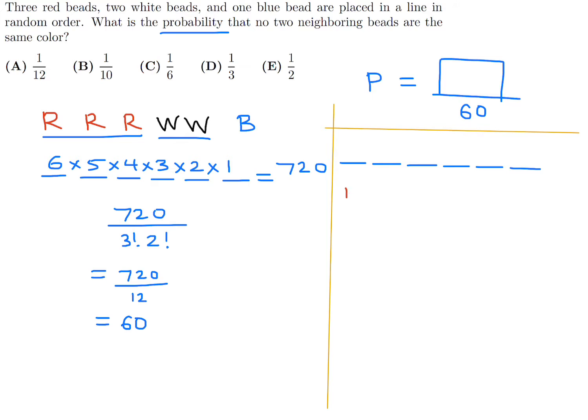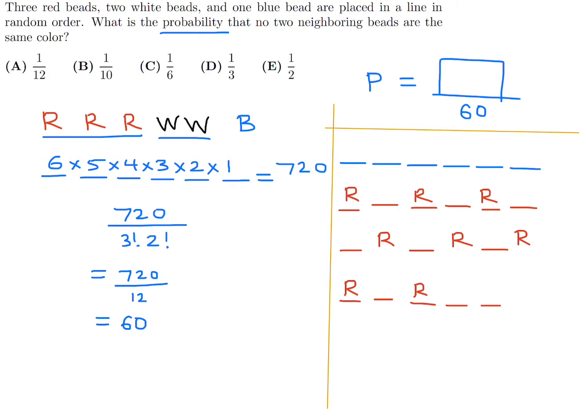Well, they can't be together, so one way is like this, spacing them like that, right? That way they're not side by side. Another way of placing the R's is like this, in a very similar way. They're far apart from each other. There's at least one between them. Another way would be to place them like this, R, R, and then the last R 2 spaces away.